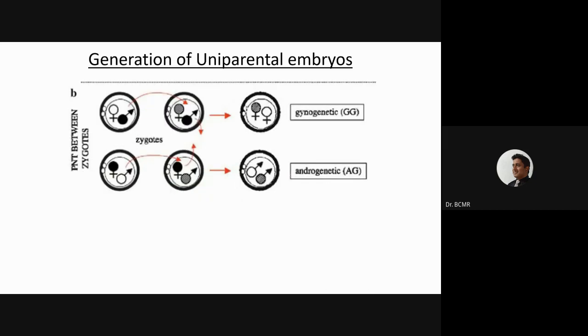So in this case, we could take fertilized embryos and exchange the pronuclei between these zygotes to generate gynogenetic or androgenetic ones. In the next class, we will also learn some of the molecular techniques to molecularly characterize these zygotes, whether they are gynogenetic or androgenetic.